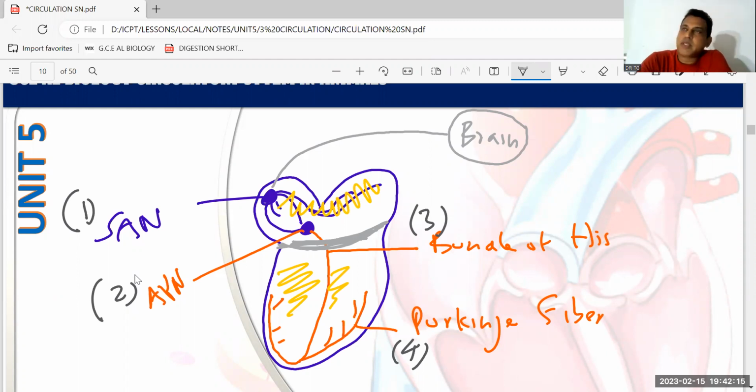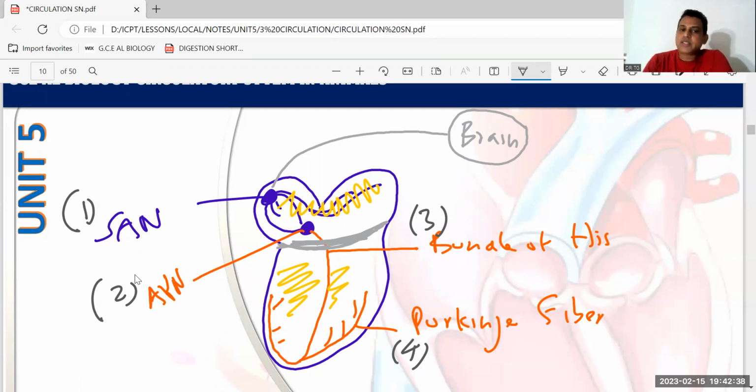This is something we can understand. The brain is aware of all the situations of our body. The brain is a coordination point. Example, if you start to do exercise, you need more energy. You need more oxygen. The heart doesn't know that you have started exercise.